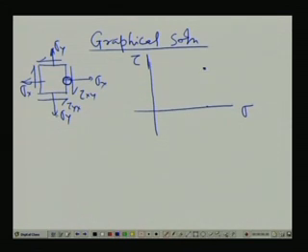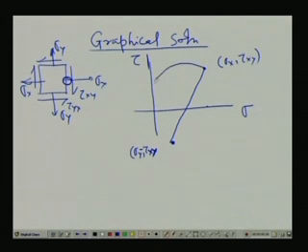This value sigma y and this tau yx is negative, assuming sigma y to be less than sigma x. So this point is sigma x comma tau xy, and this particular one we can write as sigma y comma tau yx, or minus tau xy, anyway you can write it down. You join these two points, then draw a circle.